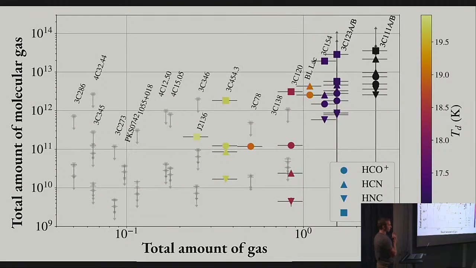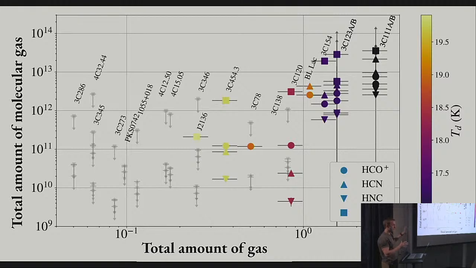Okay, so now here, sorry about that. Here we're looking at a plot of the total quantity of molecular gas, which is what's on the y-axis. So higher up means more molecular gas, versus the total amount of gas along the line of sight. That's on the x-axis. Now, I should have clarified earlier, by molecular gas, I mean gas that has molecules in it, obviously.